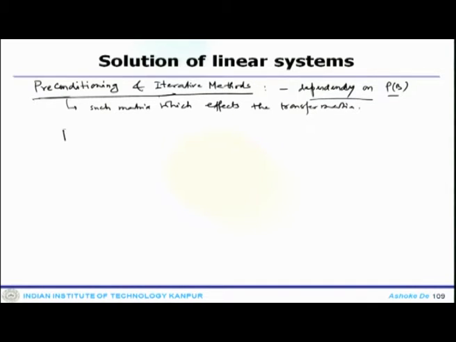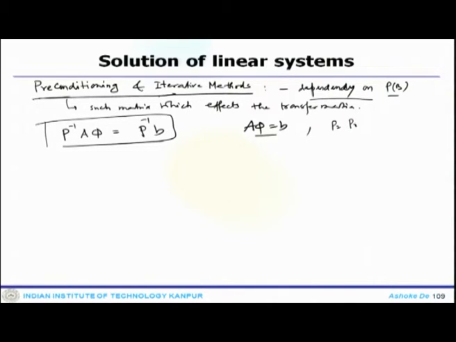So P, which is defined as a preconditioner matrix, one can define as P inverse A phi equals P inverse B. So what we are doing, we are solving the equation A phi equals B, and P is a preconditioning matrix. So once you multiply with that P inverse on both sides of this equation, you get this one.